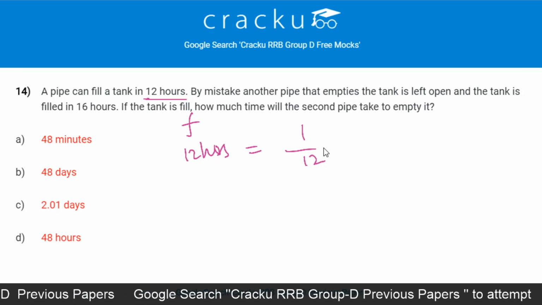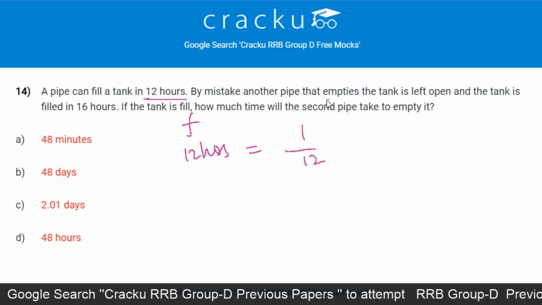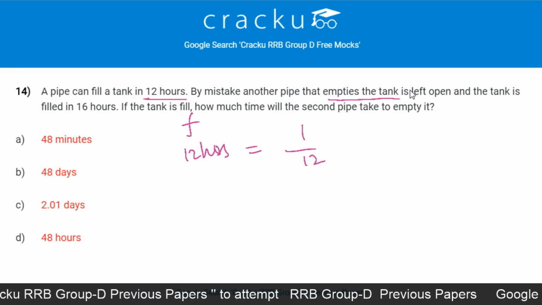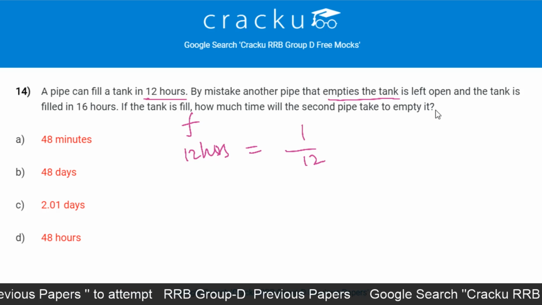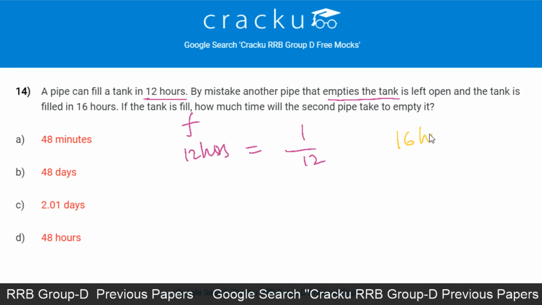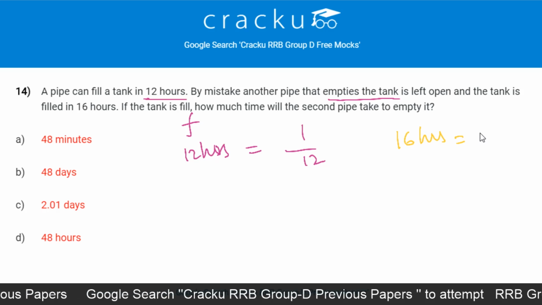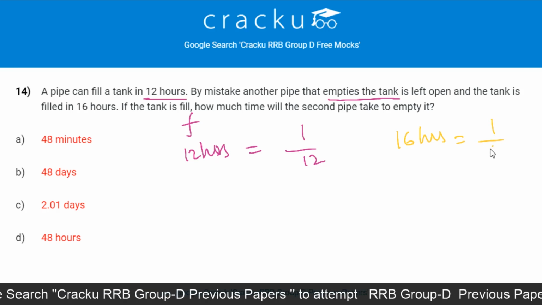Similarly, it's given that another pipe which empties the tank is left open and the tank is filled in 16 hours. That means there is a delay. So it took how many hours? 16 hours. So the amount of work done per hour is 1 by 16.